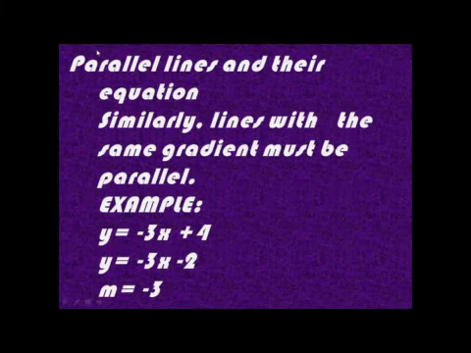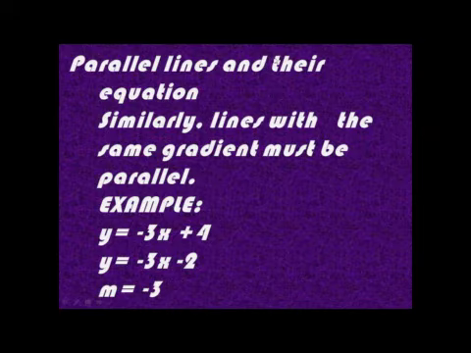Okay, so parallel lines and their equations. Similarly, lines with the same gradient must be parallel. Alright? So an example for that can be y is equal to minus 3x plus 4, and y is equal to minus 3x minus 2.